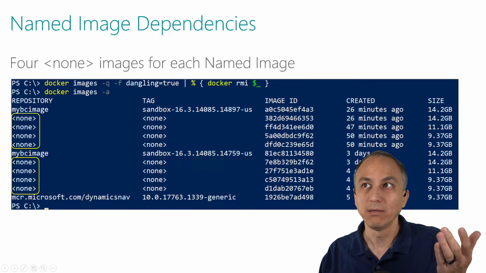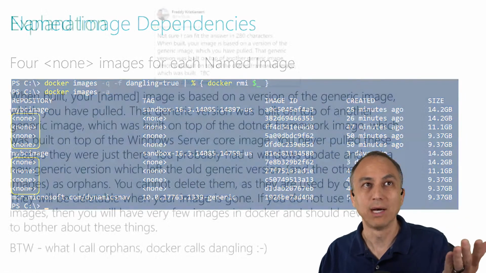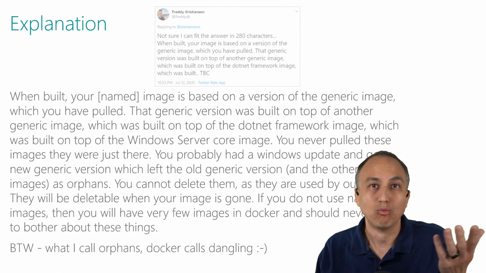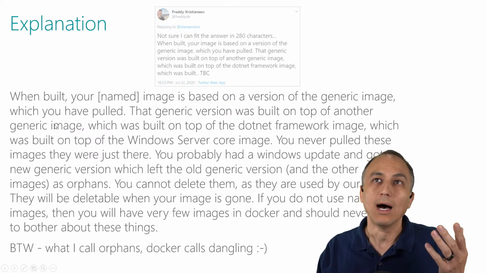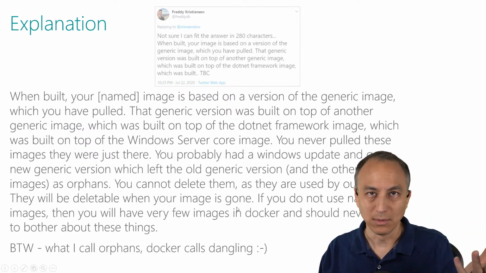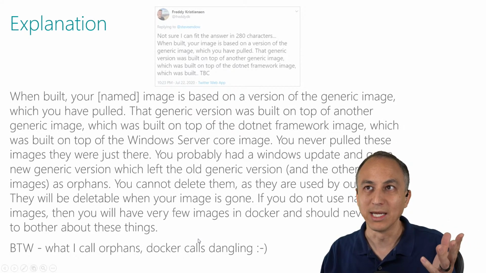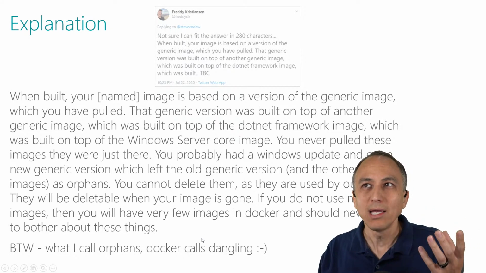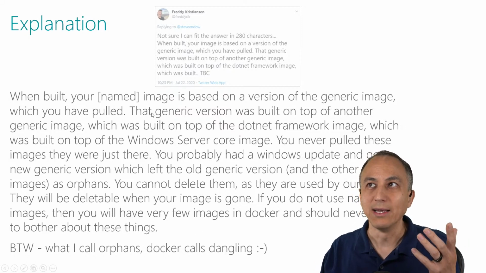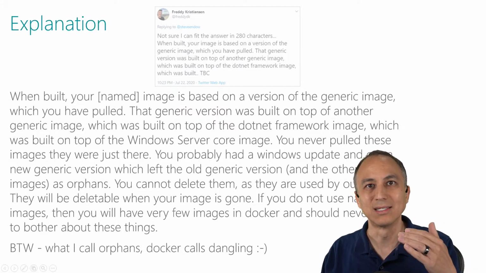So this puzzled me. I asked on Twitter, what is this? And Freddie tried to explain. Obviously, Twitter's a pretty constrained platform to give long explanations. So my understanding is that these are essentially dependencies.